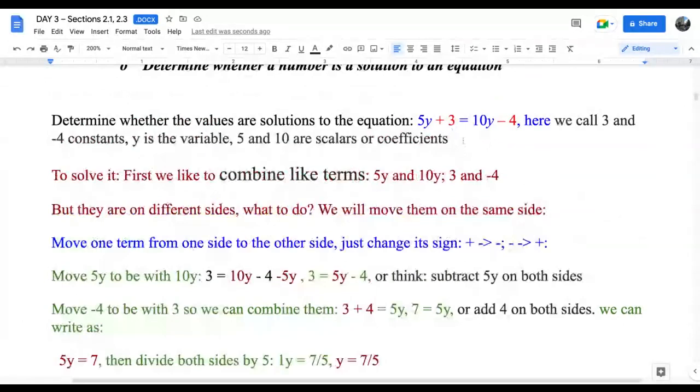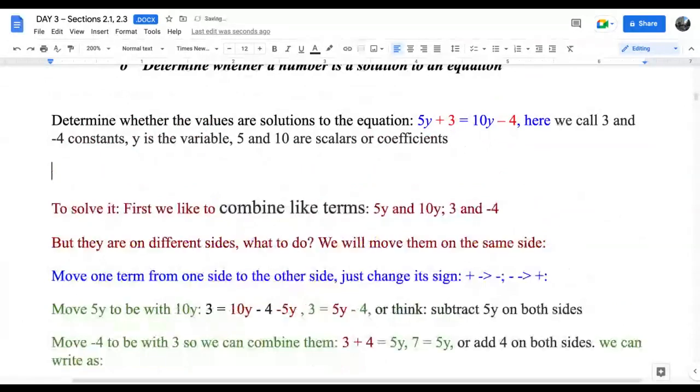You want to move 4 to the left-hand side, and move 5y to the right-hand side. Oh, you would move both of them at the same time. You could move different terms around at the same time.